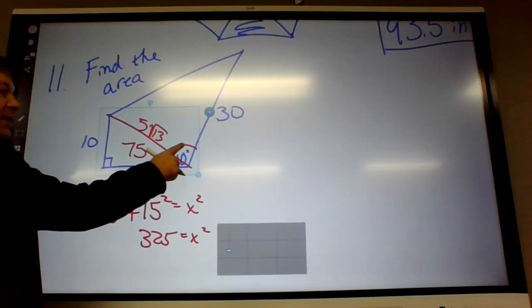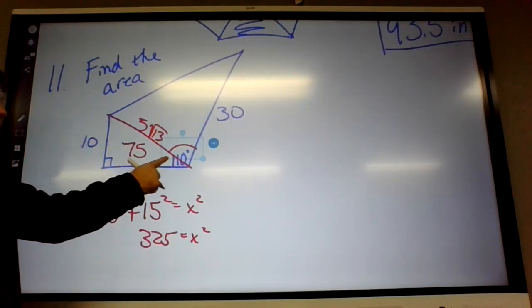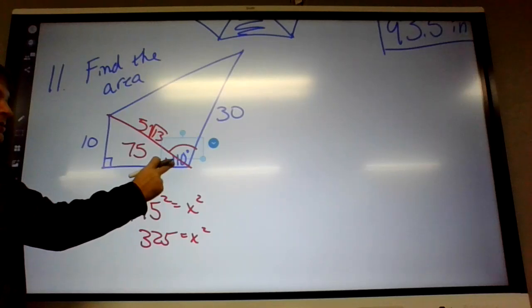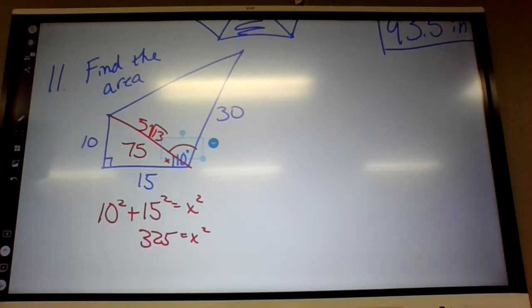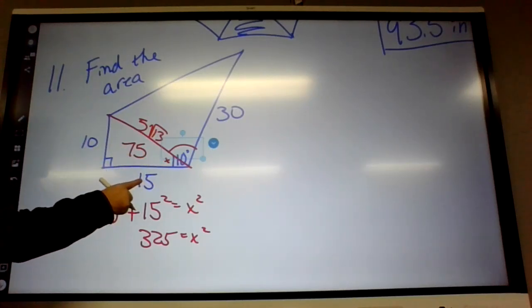Okay, how could I find this angle? I could find this angle and subtract it from 110. This angle is in a right triangle, so I can use SOHCAHTOA. Tangent of x equals opposite over adjacent.